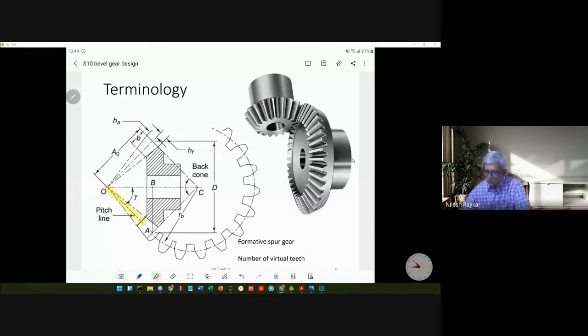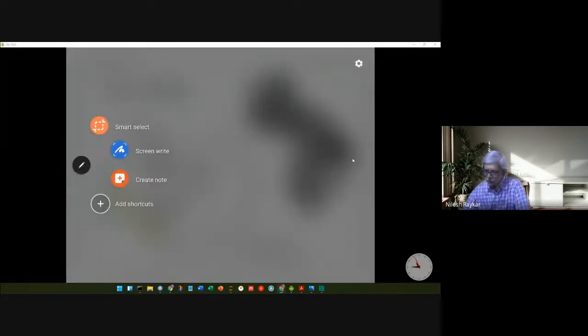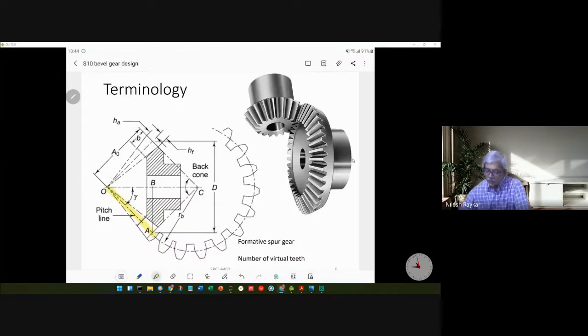If you extend the pitch lines of the bevel gear tooth, so this is the bevel gear tooth, if I draw the pitch lines through all the gear teeth, they will all converge into one point, and these lines will form a conical surface. This particular conical surface, which is given here, is known as the pitch cone.